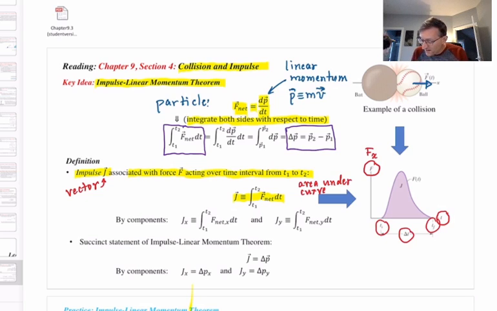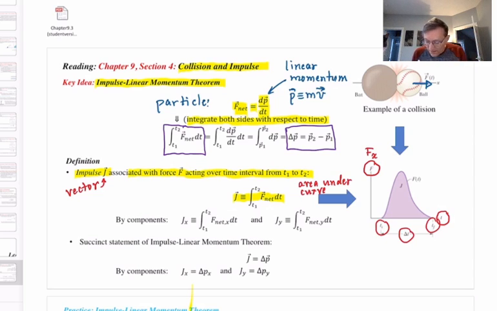The impulse is that light purple shaded area with a J in it, in our sketch, in our plot. Because impulse is the integral of force with respect to time, and an integral is an area under a curve. In this case, you have to plot force versus time.